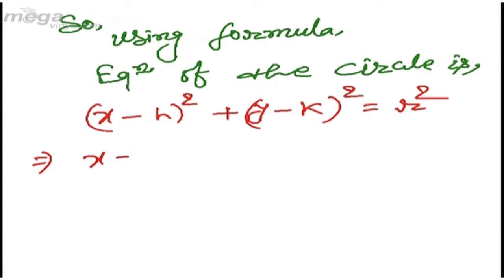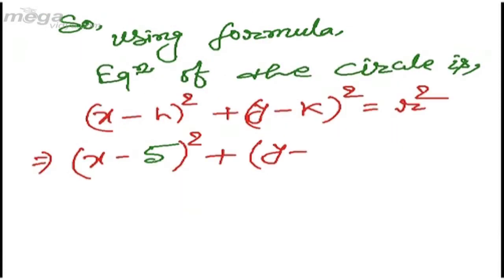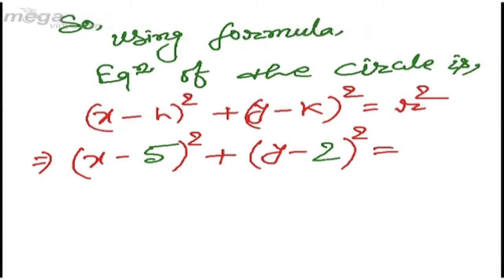So it becomes (x minus 5) whole square plus (y minus 2) whole square is equal to r square, and r is root 90, so r square is 90.